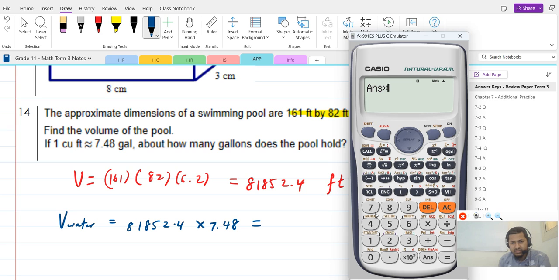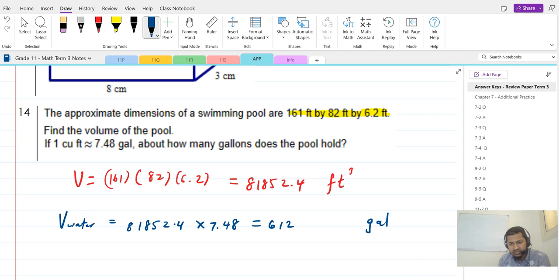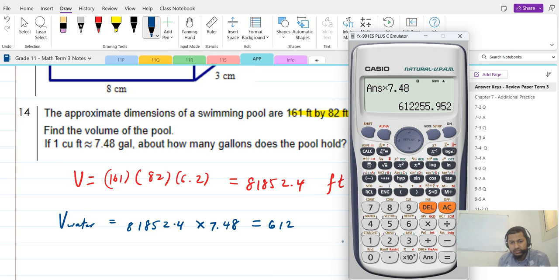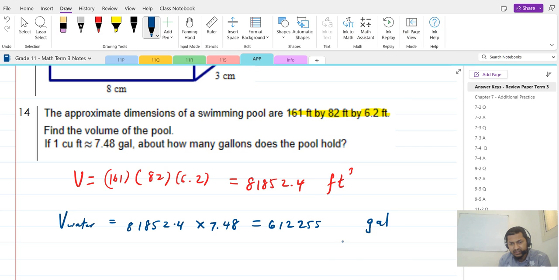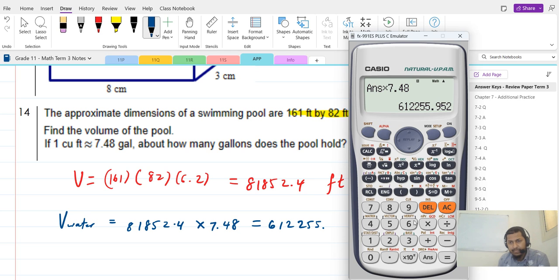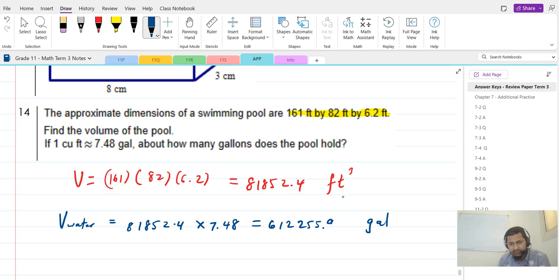So we're going to say 612,255.95 gallons approximately, because that was to two decimal places, or to the nearest hundredth.